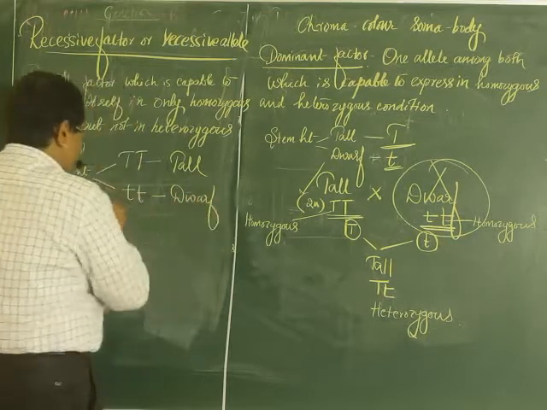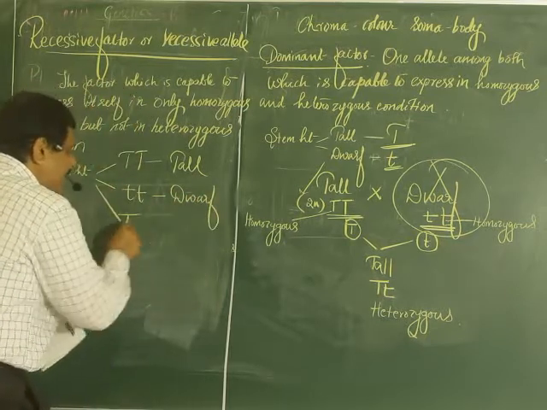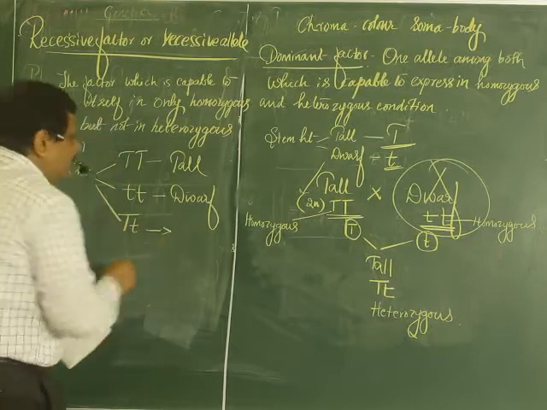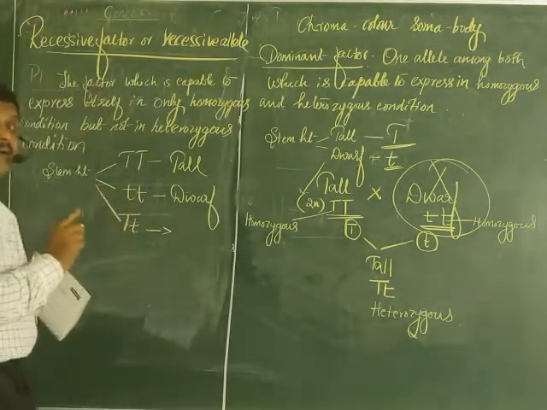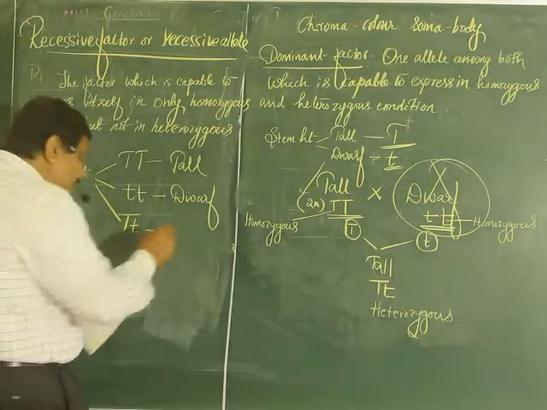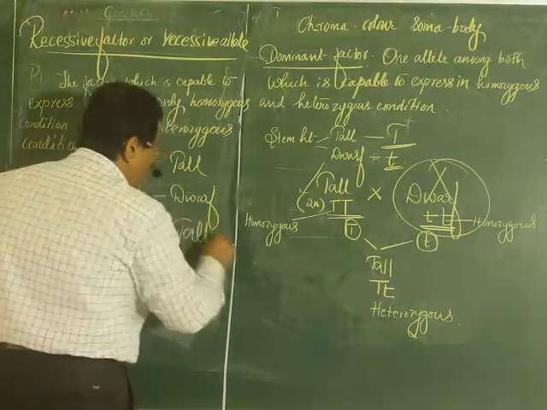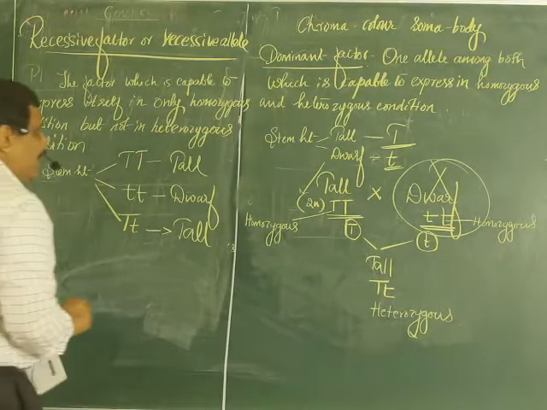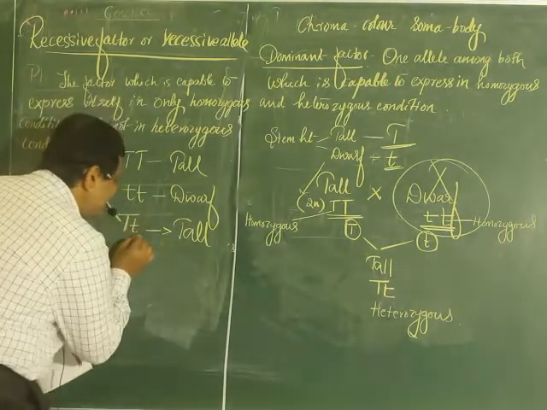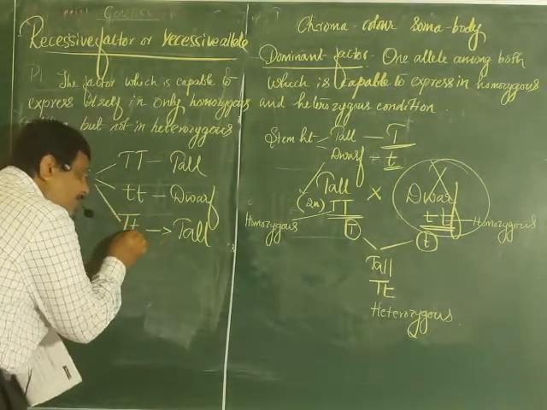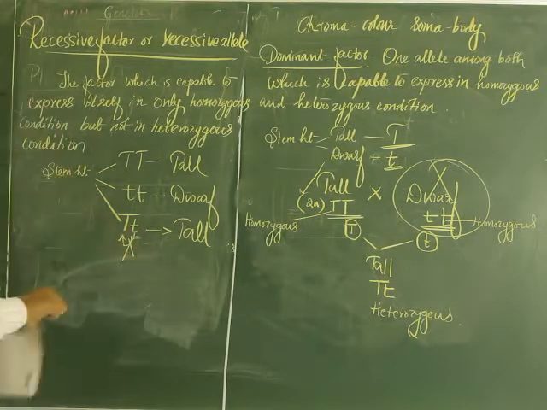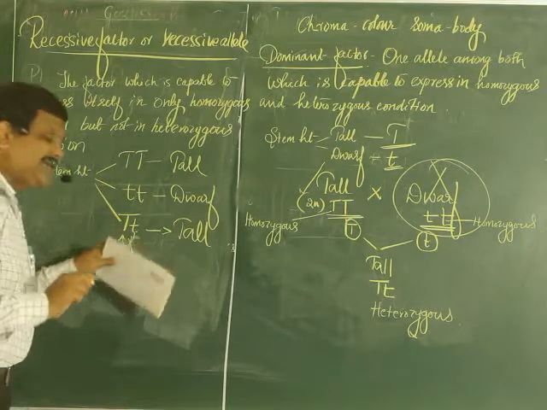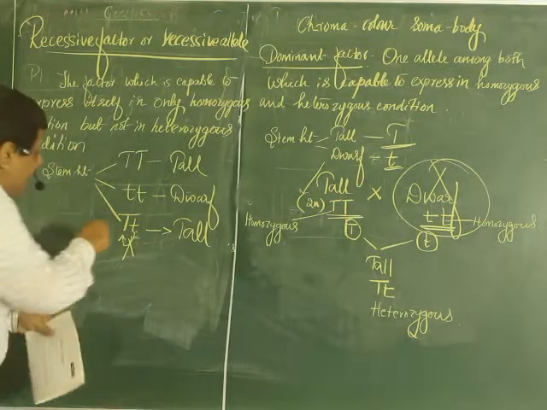But whenever there is one allele capital T and another allele small t, then the plant will be tall, not dwarf. Here small t is not able to dominate capital T.